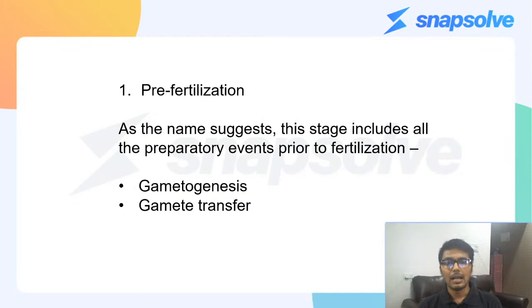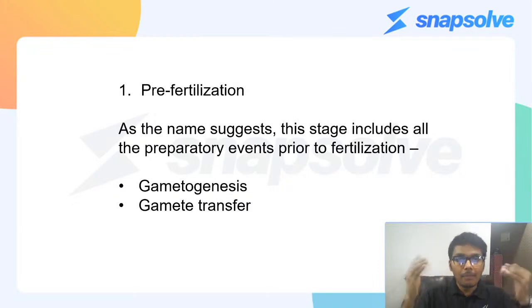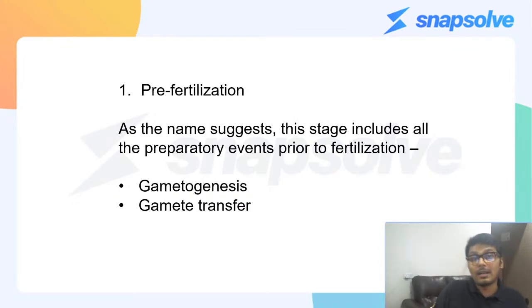So I'll just start and give you a brief description about pre-fertilization events. Now see, it is common sense: if you want to attain fertilization, all the preparation for fertilization will include gametogenesis, because fertilization involves the fusion of gametes. For gametes to fuse, gametes must exist, so the process of forming or manufacturing gametes is known as gametogenesis.